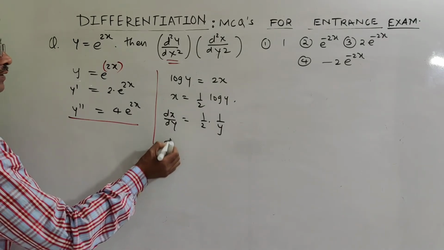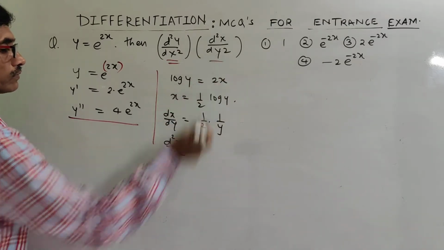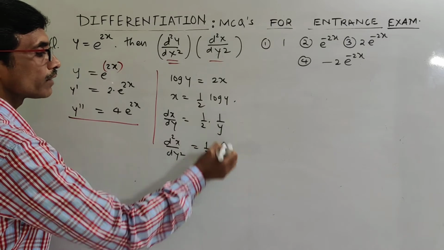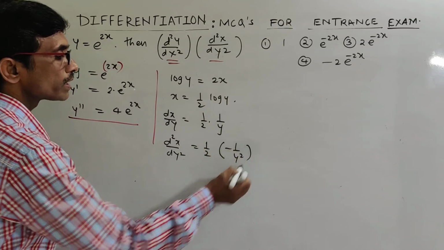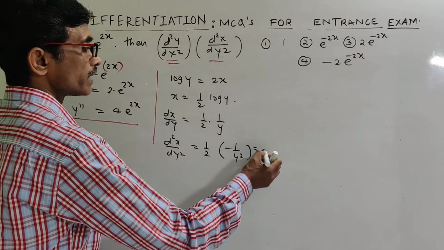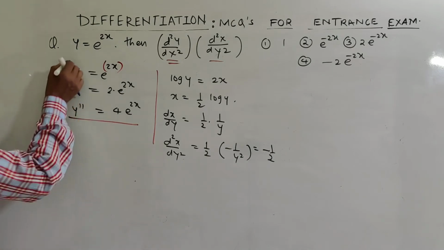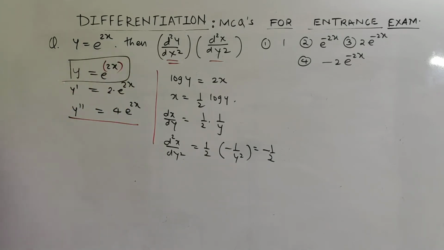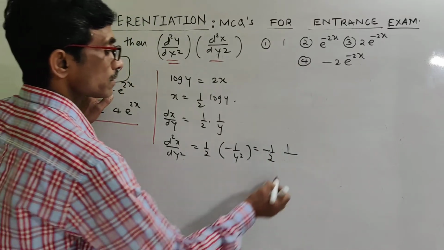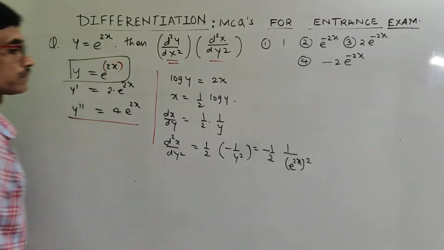So again, for d square x by dy square, the derivative is 1 upon 2, and the derivative of 1 by y is minus 1 upon y square, which is minus 1 by 2 y square. Y is e raised to power 2x, so y square means e raised to power 2x whole square.